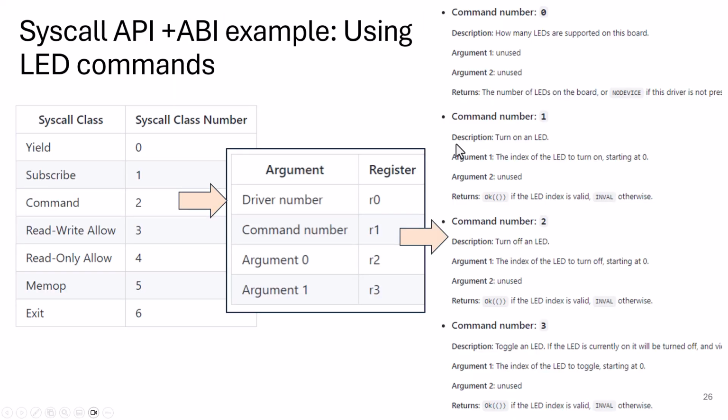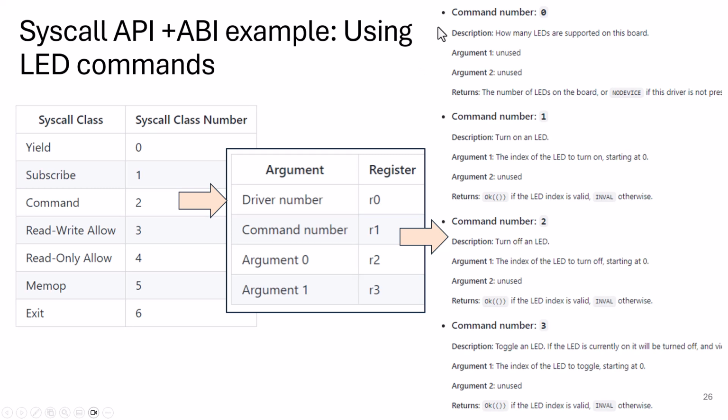So to wrap this up, just to give an example with that API and ABI, you have here for the Syscall class, the yield, subscribe, command, that API that we've seen with that number. And if we look at one of them in particular, the command, we can see the arguments for the command with the LED: it starts with the driver number and then the command number.